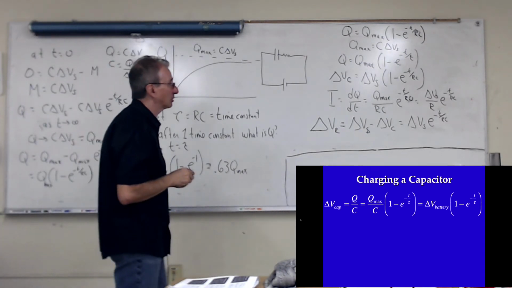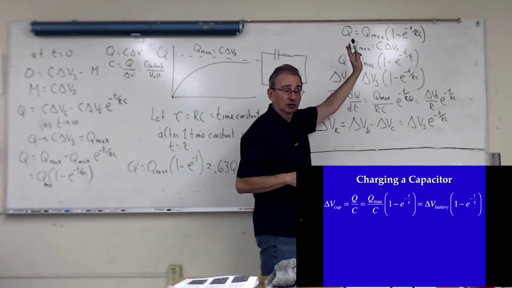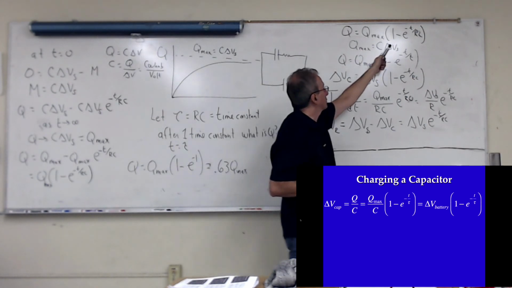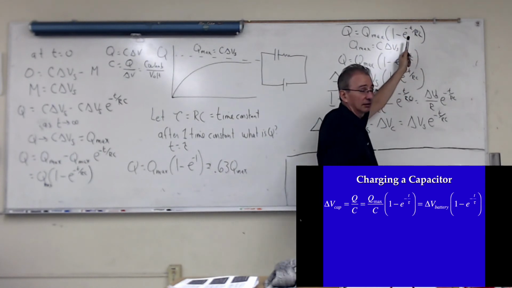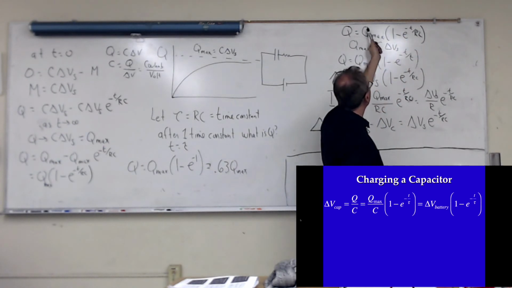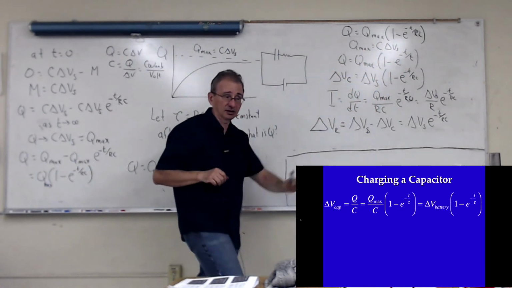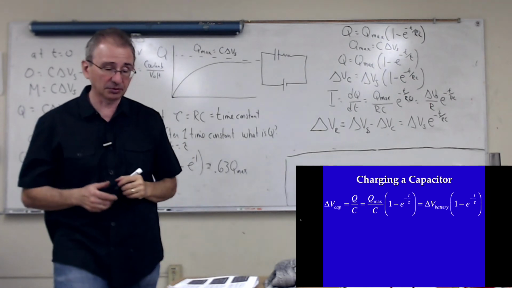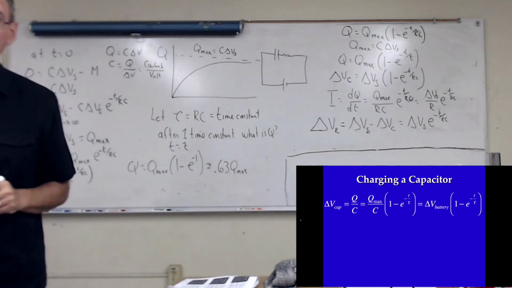And so make sure you understand that you don't always need to use this equation. It's important to know, but you don't always need to use it. Because really, like I said before, unless you need to know t, or you need to know Q at some time t, you really don't need to use it otherwise. Use your basic principles. Okay.